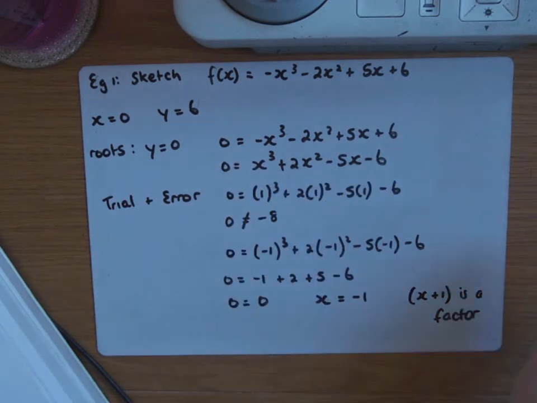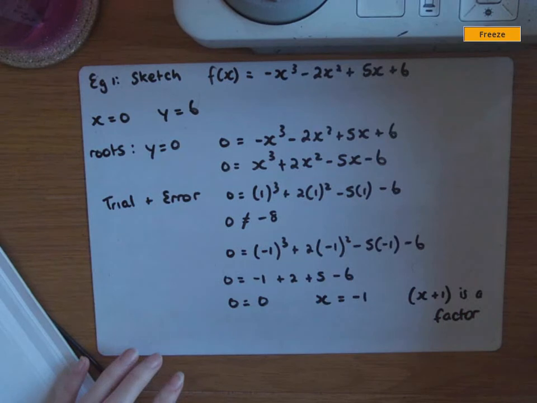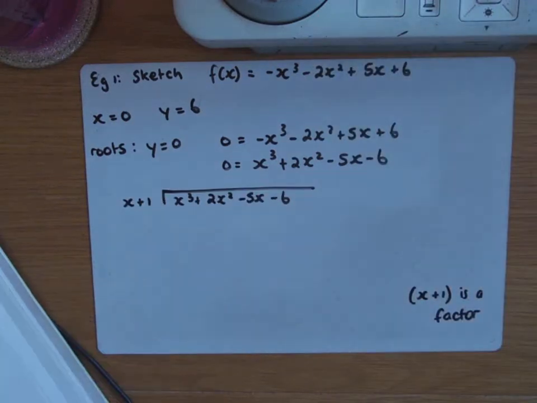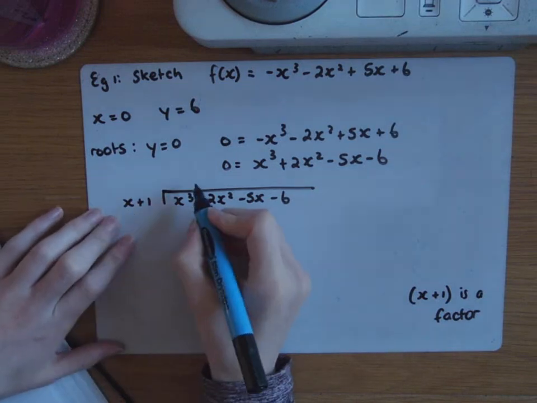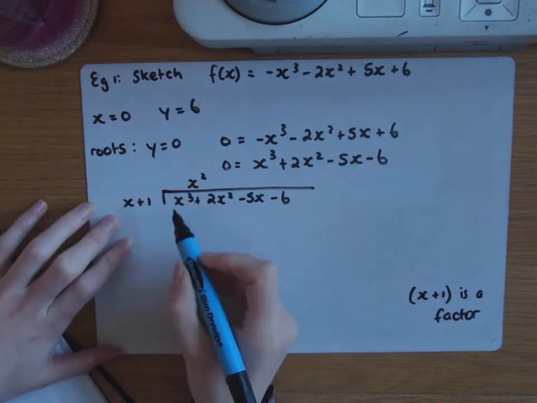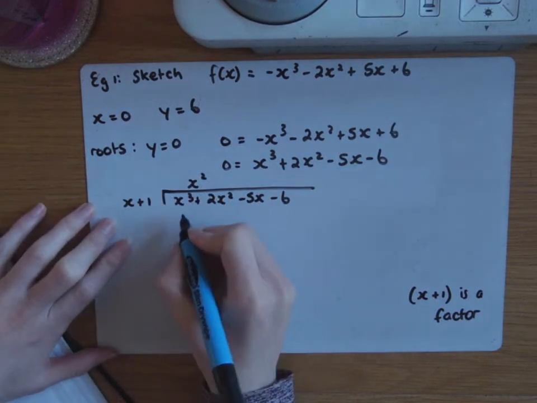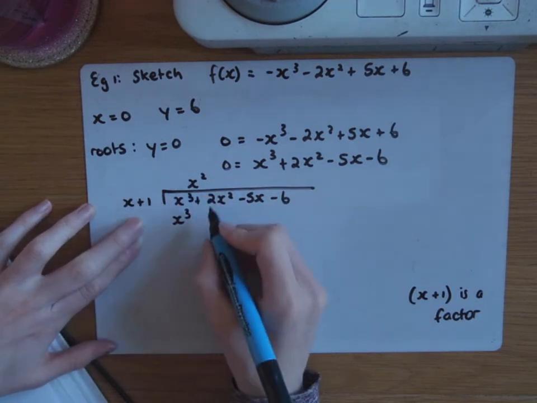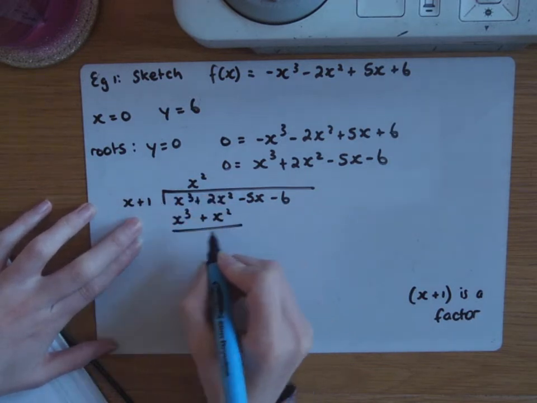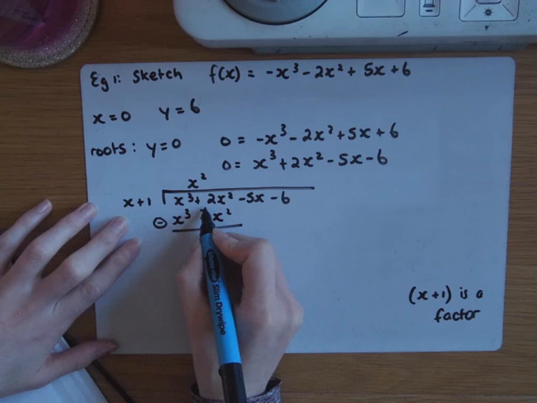Okay, so let's do that. So I'm just dividing in here, so x by x squared gives me x cubed, multiply it back out again. So x squared by x is x cubed, x squared by 1 is x squared. Draw a line, change your signs.